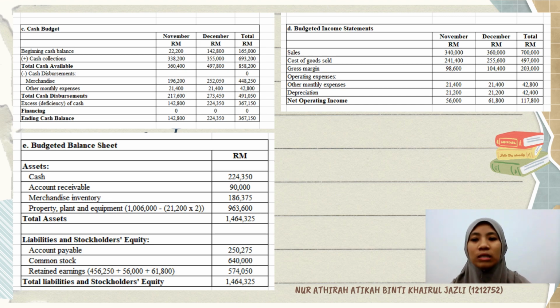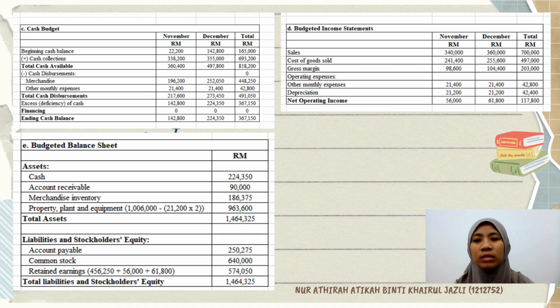cash disbursement, which is mentioned as for November 96,200, and for December 252,050. And then we minus other monthly expenses. For November 21,400, and for December also the same, which is 21,400.